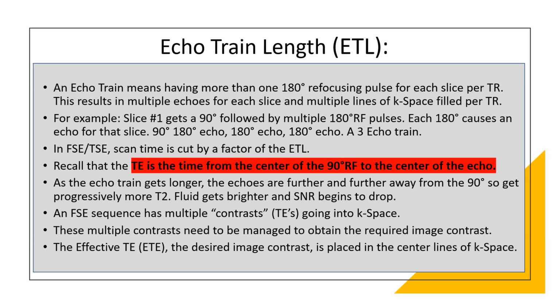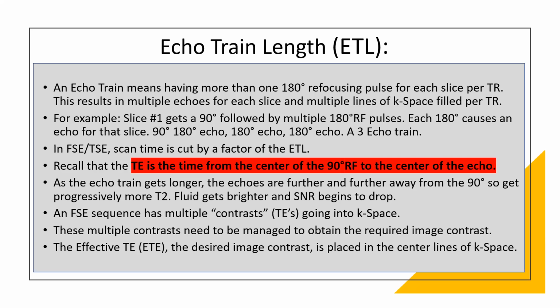Well, the problem is if I want T1 weighting, but I have a long echo train, those later echoes are getting more and more T2 weighted. So I'm putting T2 contrast into my supposedly T1 K space. We need to manage that.